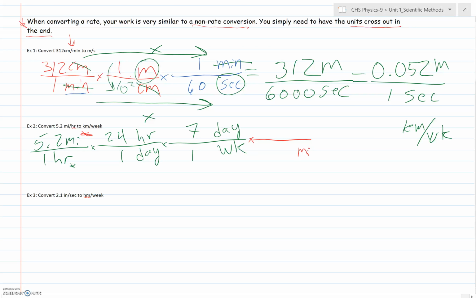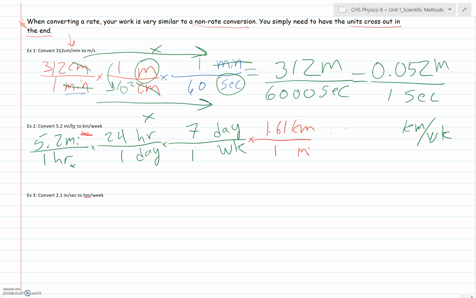I don't know off the top of my head how many miles there are in a kilometer, but if you look at your handy dandy physics reference sheet, it says that 1 mile equals 1.61 kilometers. So I know that 1 mile equals 1.61 kilometers.